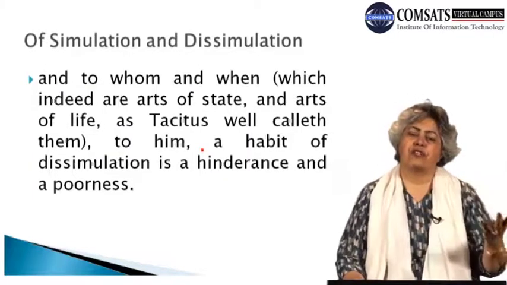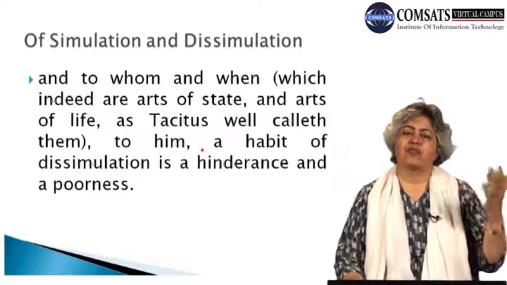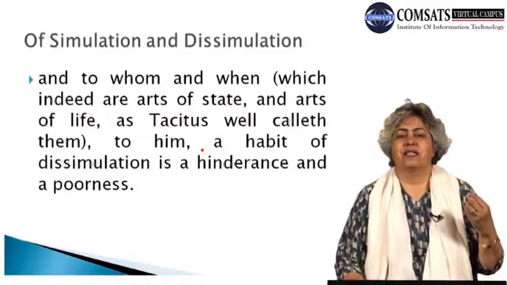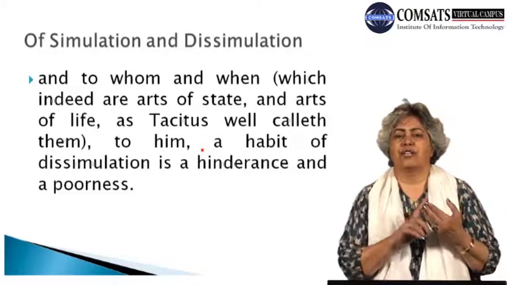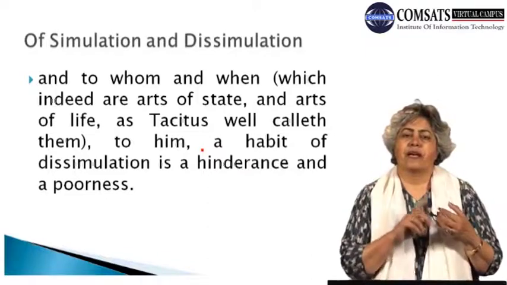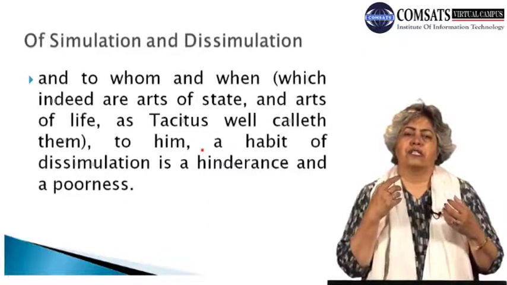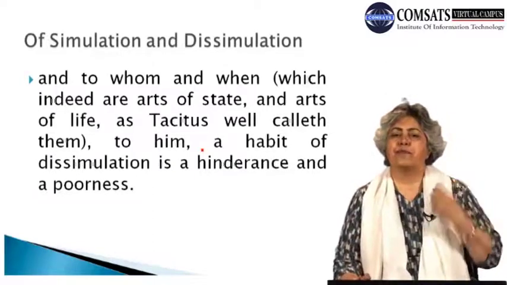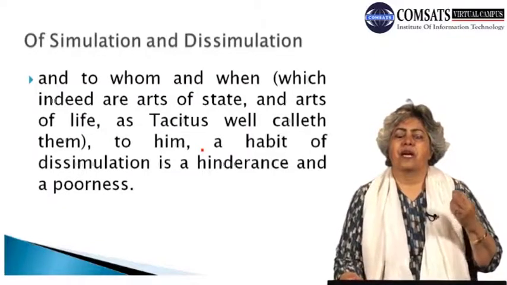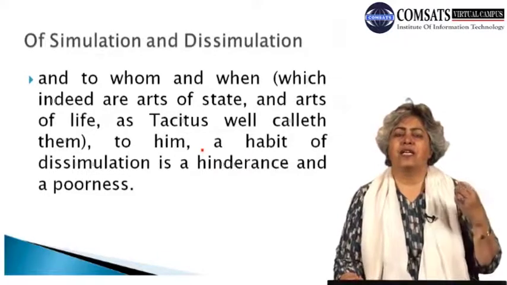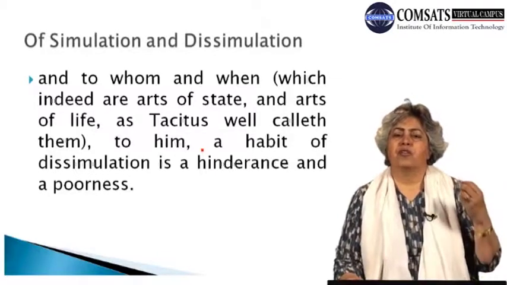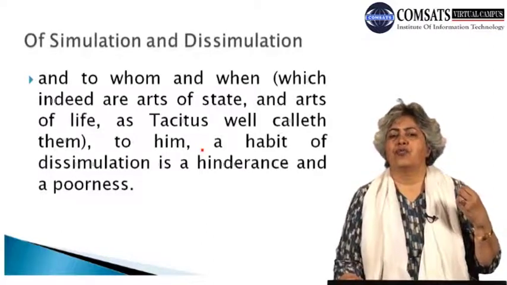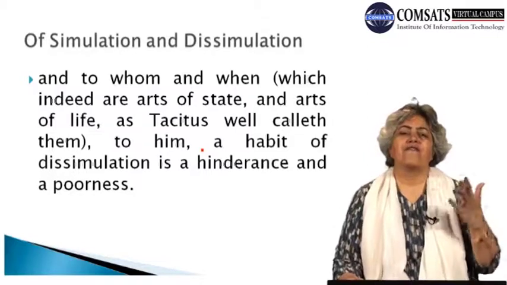So again he refers to Tacitus, and when he's talking about to whom and when, he says Tacitus says that there are a few things that are very important in life, and those are that you must be able to keep secrets and reveal them only to people whom you trust, and you must not reveal everything that you know.